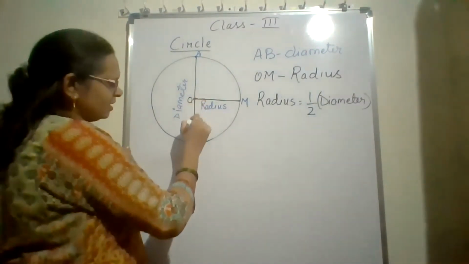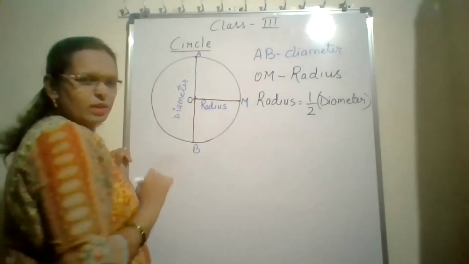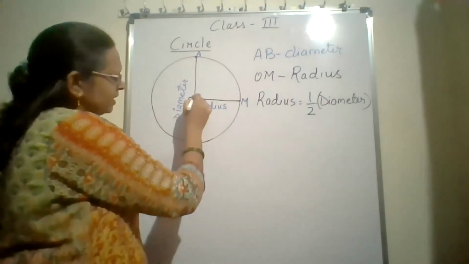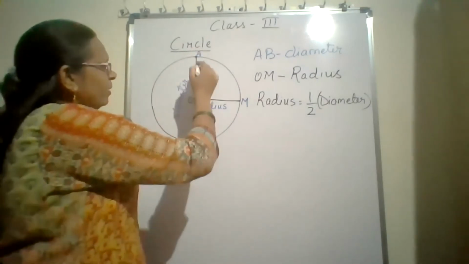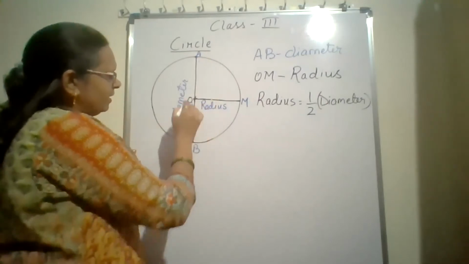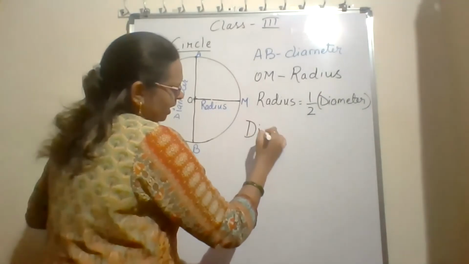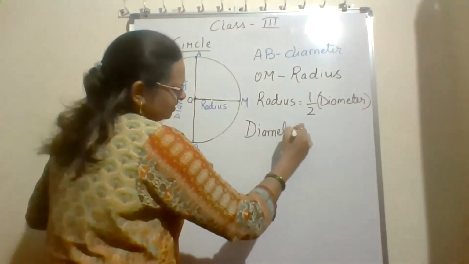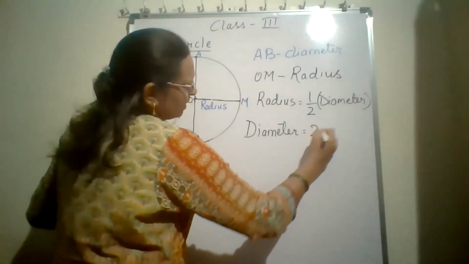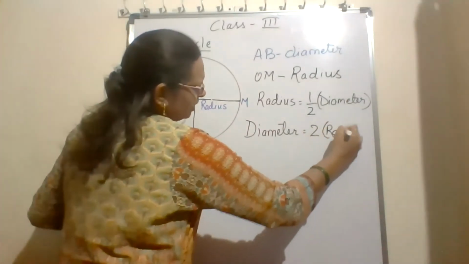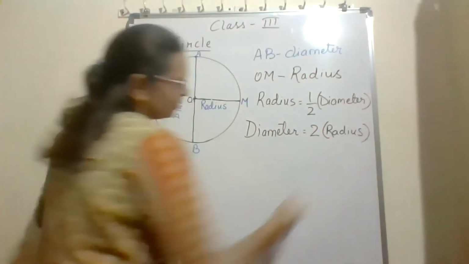See, this is also a diameter, and this is also a radius and this is also a radius. So when two radii are added, you get a diameter. Or you can say your diameter is 2 times the radius, right?